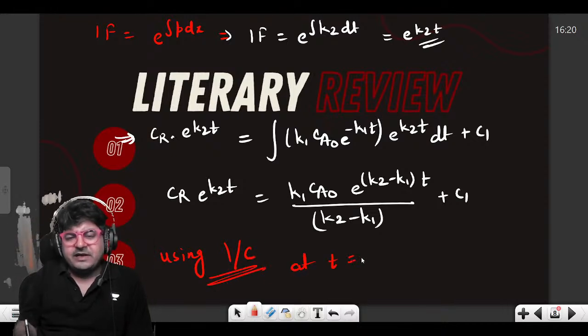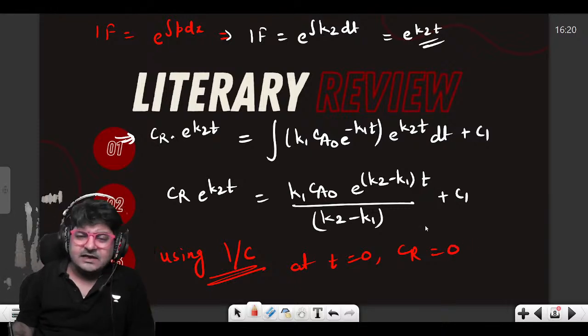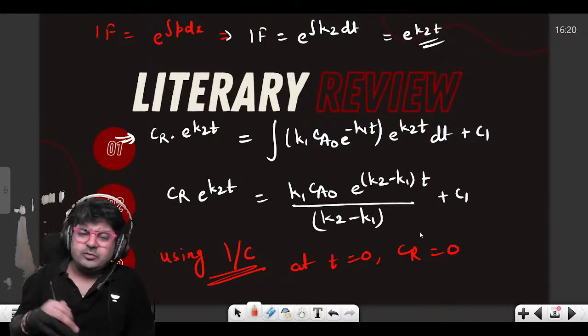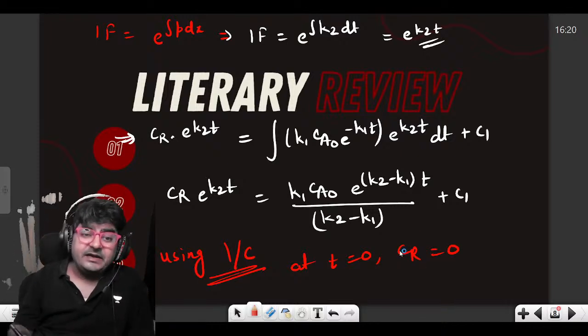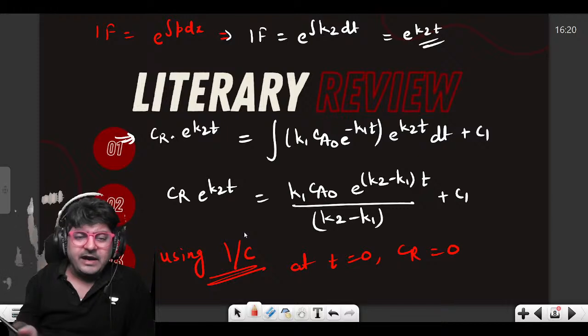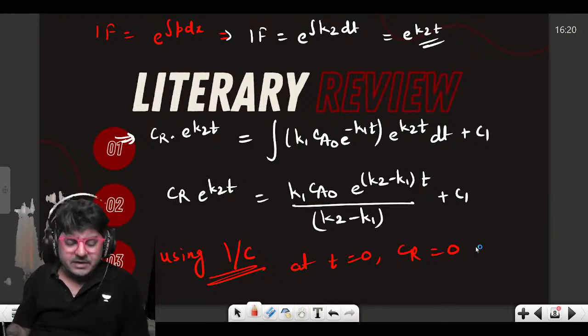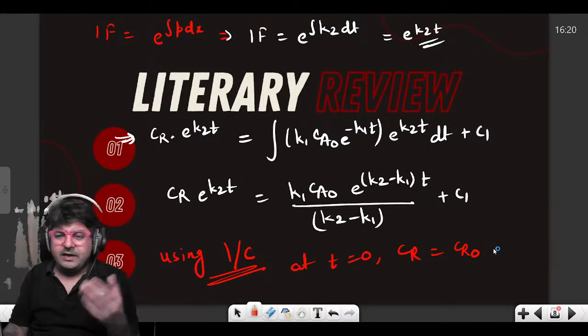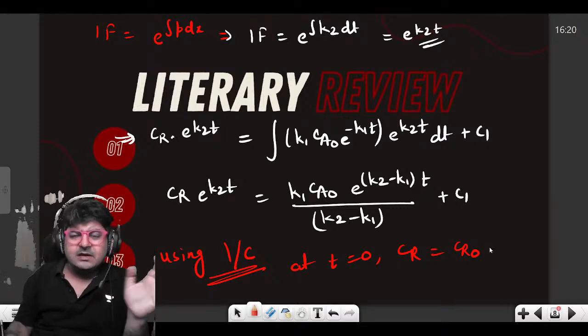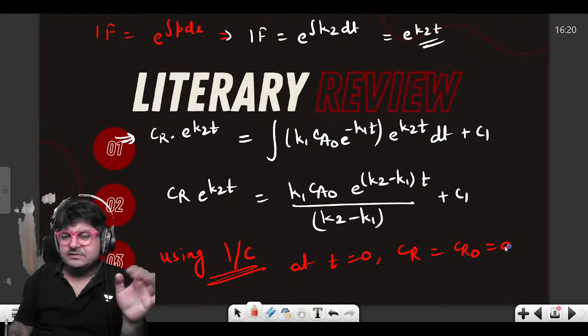That is, at reaction time t equal to 0, the concentration of R will be 0 because that is the desired product. And usually we do not introduce R in the reaction system. But if there is a case where some R is also entering, this CR will become CR naught, and then you can rearrange the things. But for now, we will take it as 0.